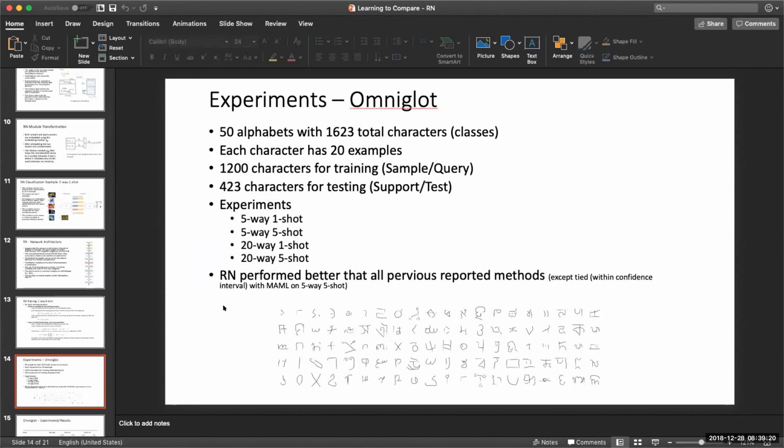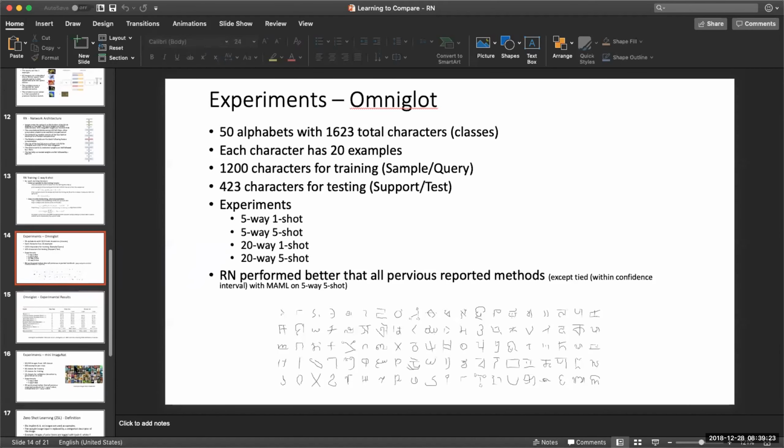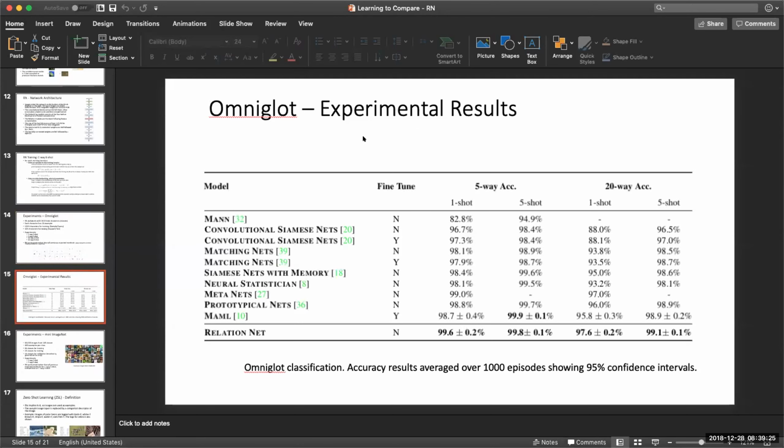And we'll look at those details in the next slide. So here are the Omniglot experimental results.